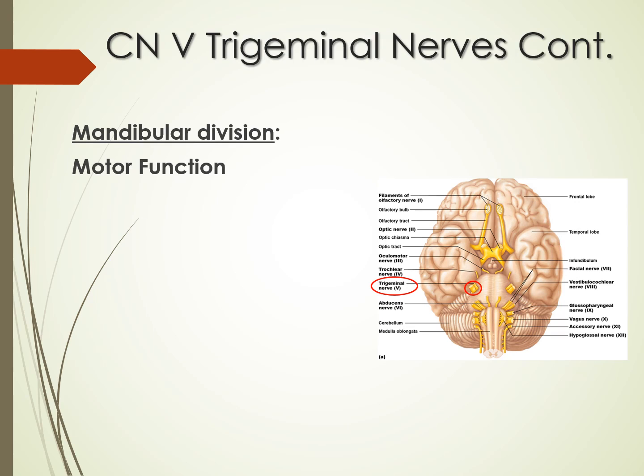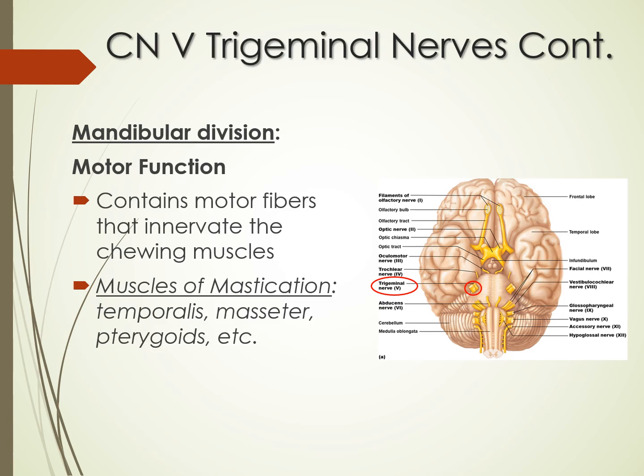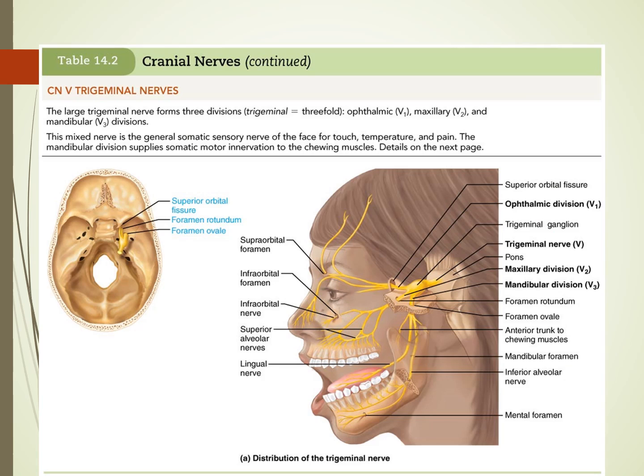So the ophthalmic division, think towards the eye and forehead, nasal cavity, all that good stuff. And then the maxillary division goes to the cheek, the upper lip, lower eyelid, more of the nasal cavity, and the palate and upper teeth. And then the mandibular division goes to the chin and the tongue and lower teeth. Okay.